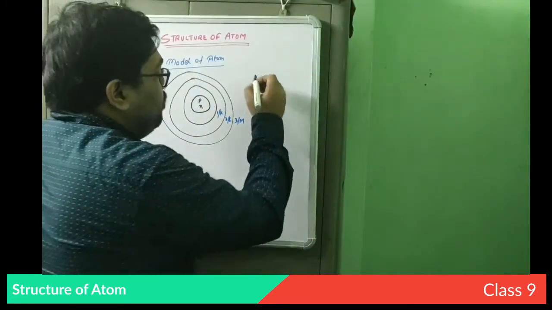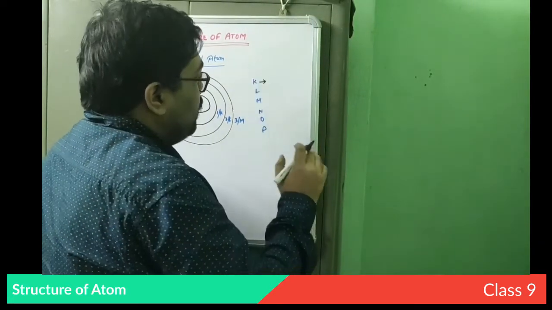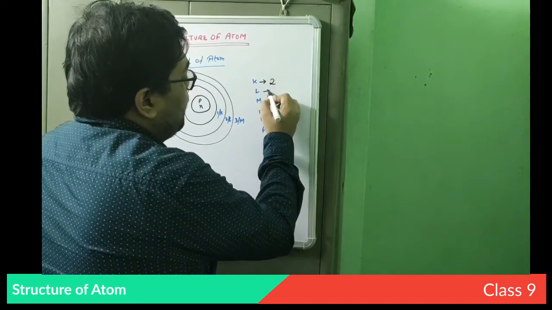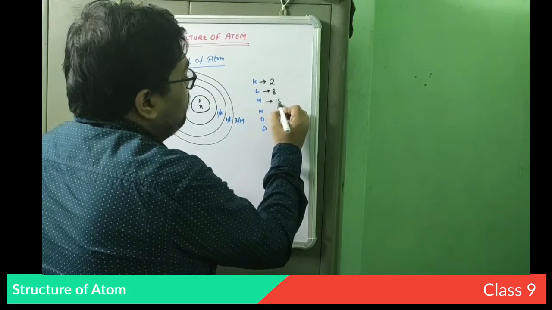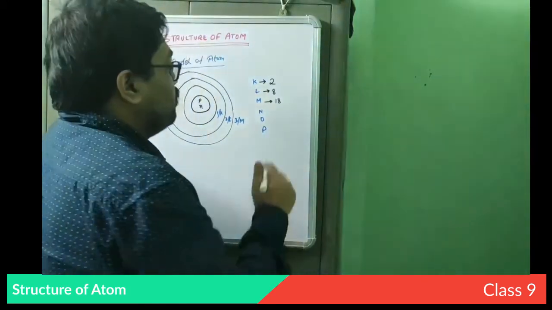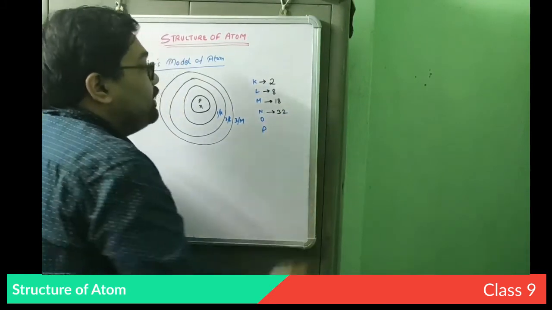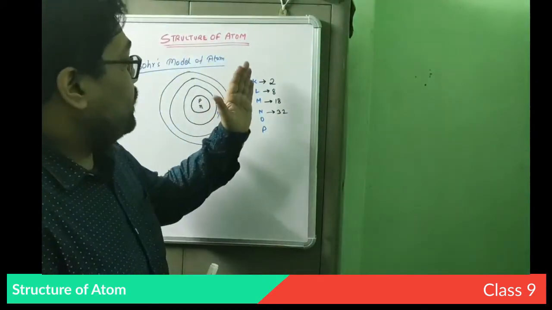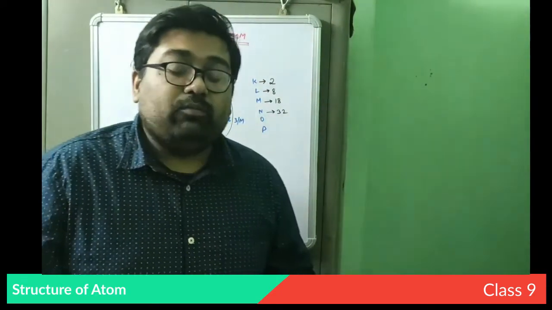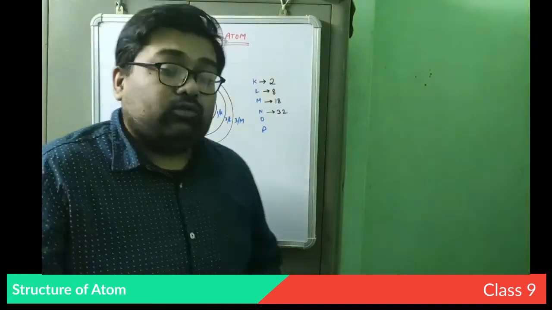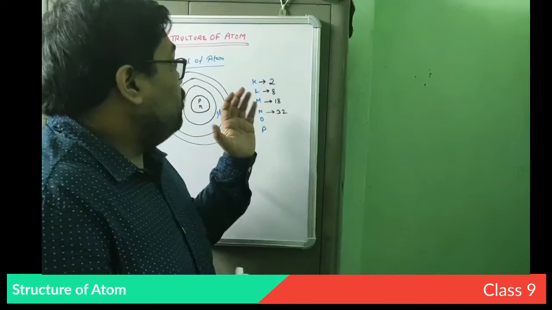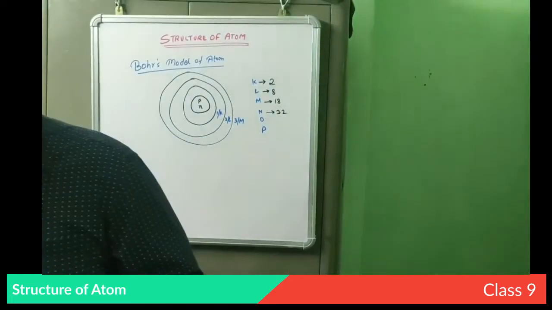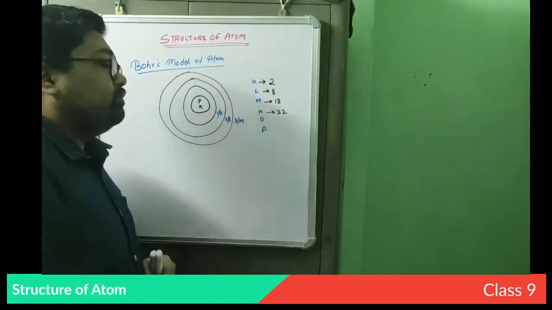Suppose for now I'm telling you the number of electrons that the K shell can hold is 2. L is 8. The M shell can hold a total of 18 electrons. The N shell can hold a maximum of 32 electrons. In this way, he postulated or proposed these values as to how many electrons can be filled in a particular shell, right? So this was new to his model of the atom, right?